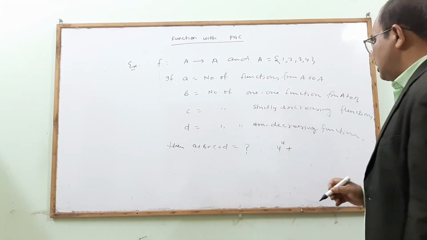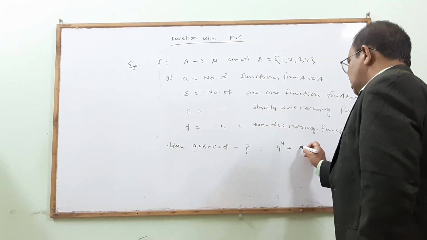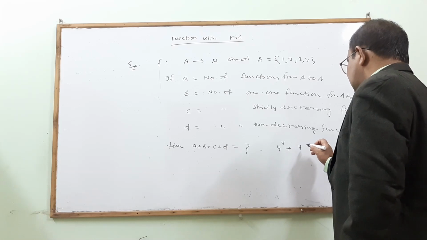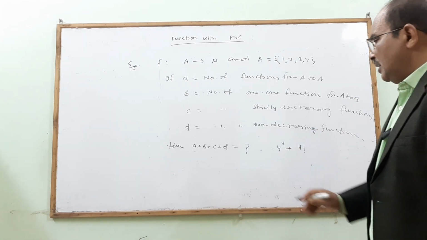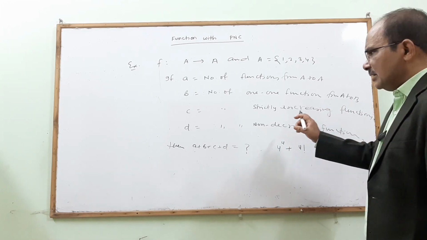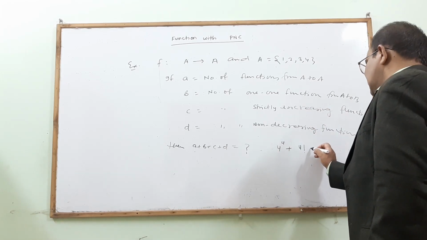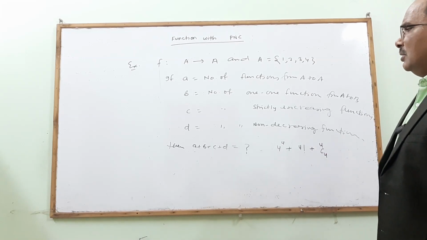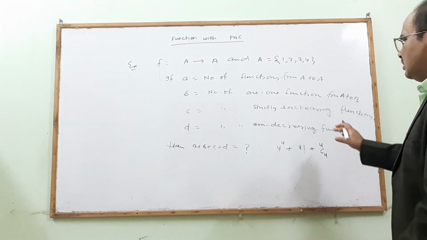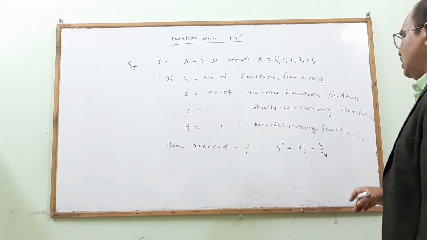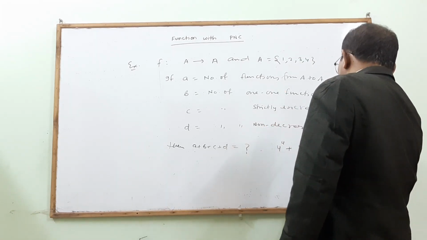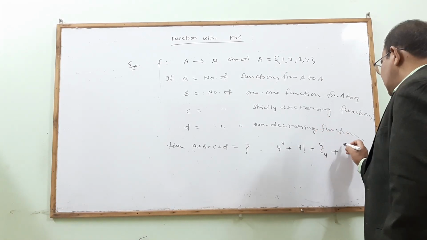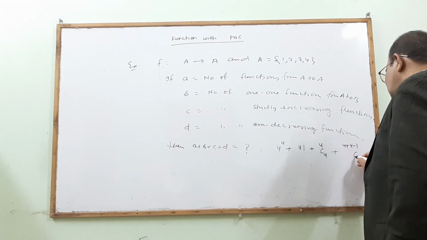The number of 1-1 functions will be 4P4, nPm, that is 4 factorial, and C is the strictly increasing functions, that is 4C4. The number of strictly increasing functions will be 4C4. And the number of non-decreasing functions will be 4 plus 4 minus 1 C 4.